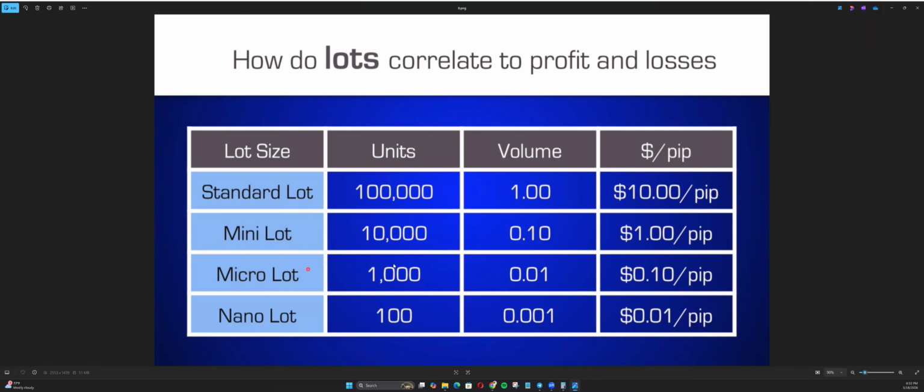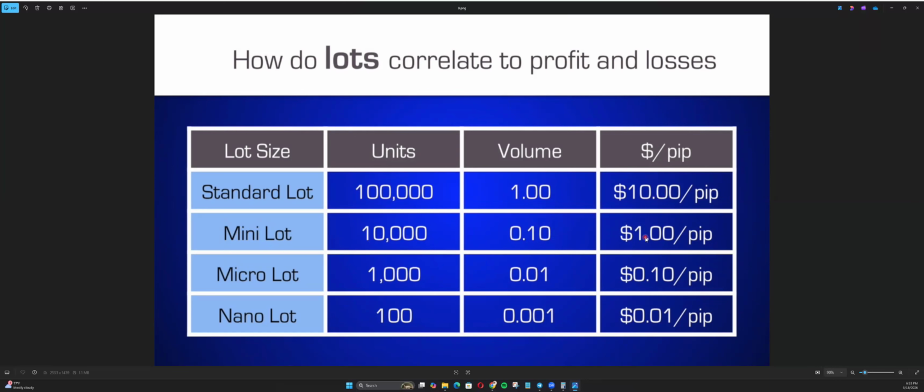The volume of a micro lot is 0.01, and a nano lot is 0.001. Okay, so for a standard lot, which has up to 100,000 units, you're making $10 per pip. On each pip, you're making $10. While for mini lots, it's $1, and so on, right?